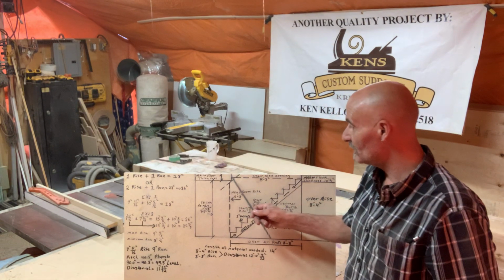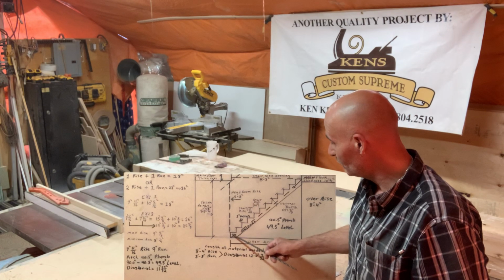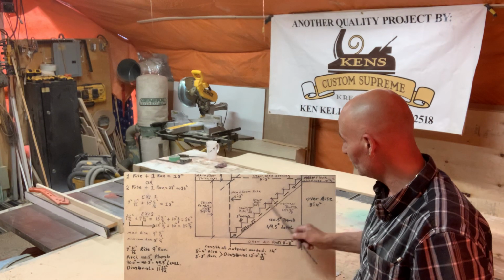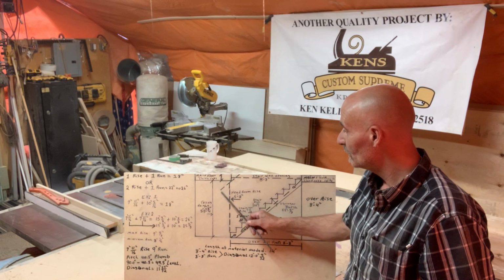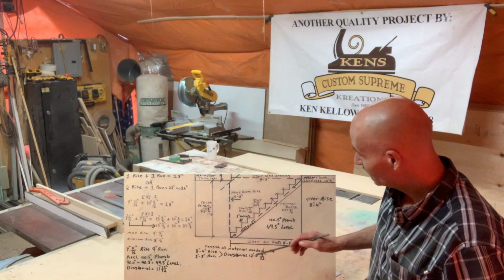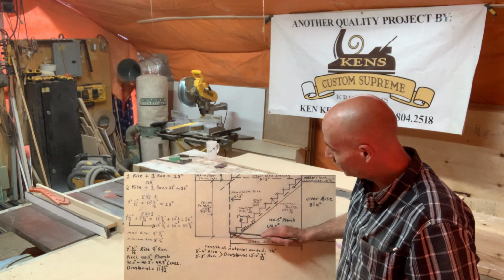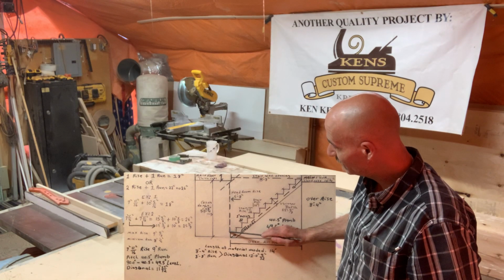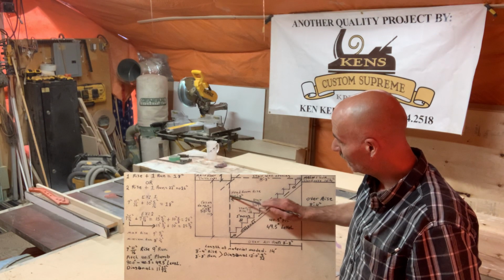Now, you also got to keep in mind that when you're figuring out your overall run for where your stairs are going to land, you also got to remember about your headroom rise. Your headroom rise is from the nosing of your tread or your run, right out on the nosing, plumb straight up.